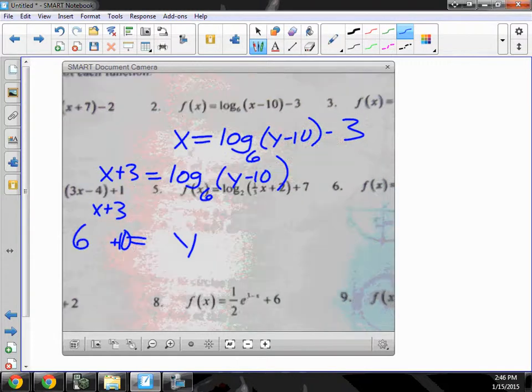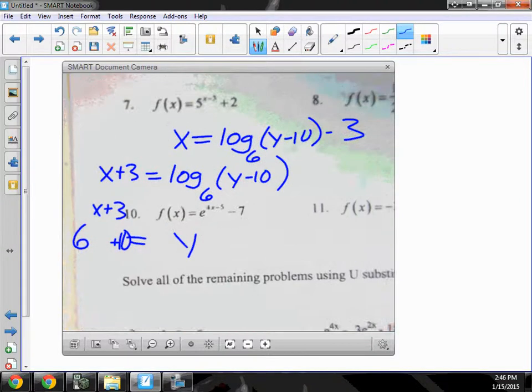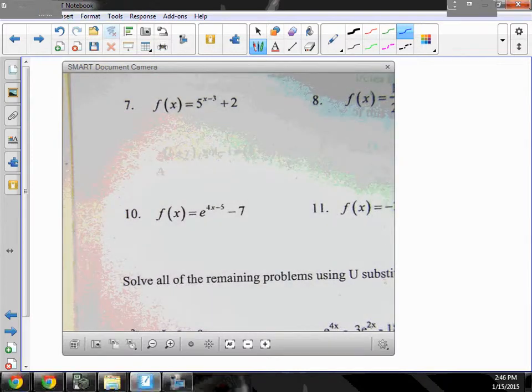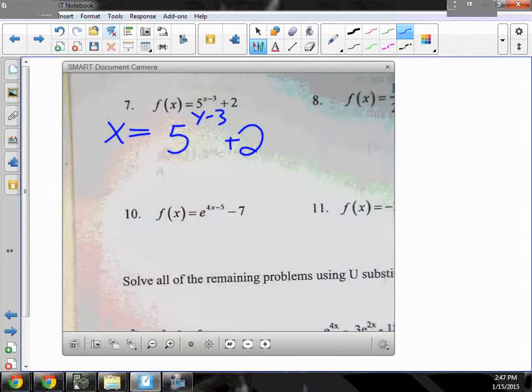Look down at number 7. This is the opposite. This is already in exponential form. I need to convert it into logarithmic form. So x equals 5 raised to the y minus 3 plus 2. Yes, so I inverted it. Now, in order to convert to logarithms, the exponent term has to be by itself.